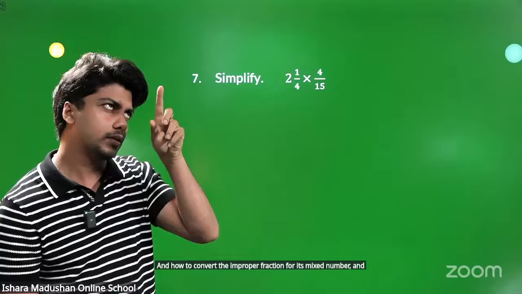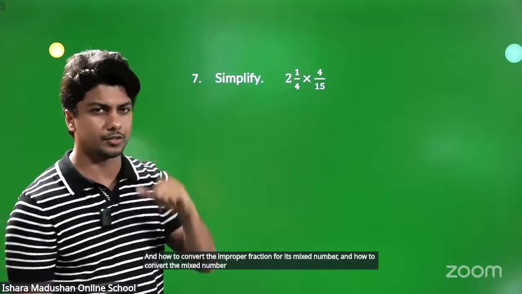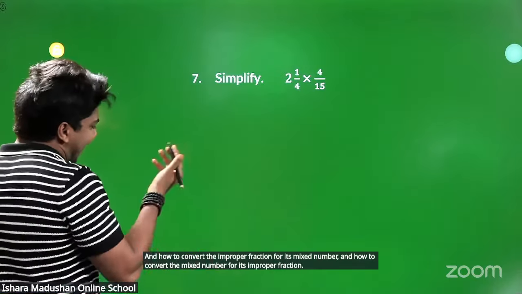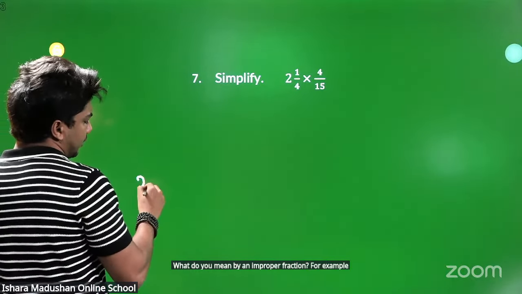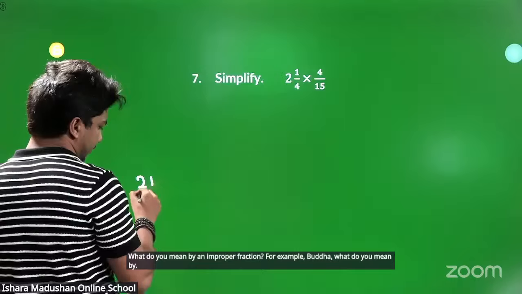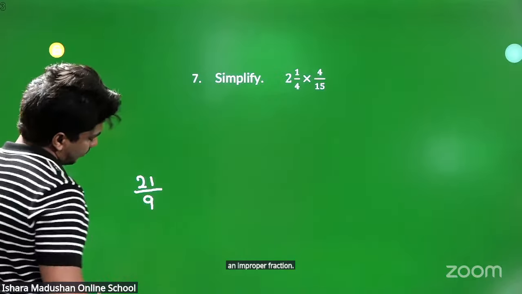You have to do this simplification. In order to do this simplification, you need to have a proper understanding of improper fractions, how to convert an improper fraction to its mixed number, and how to convert a mixed number to its improper fraction. What do you mean by an improper fraction?